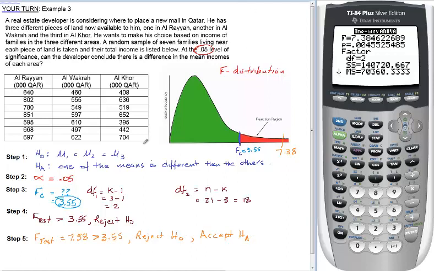Okay, so one of the means is different from the others. So can the developer conclude, see the last line there, can the developer conclude there is a difference in the mean incomes of each area? Yes, he certainly can, because we've accepted the means are different from the others. So at least one of the means is different from the others. Okay, and there's your conclusion.